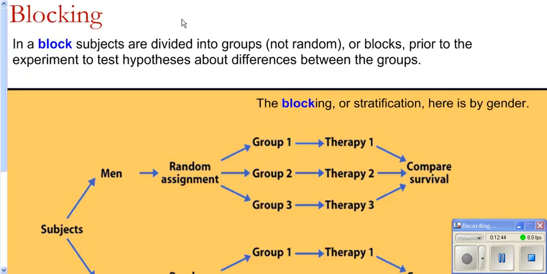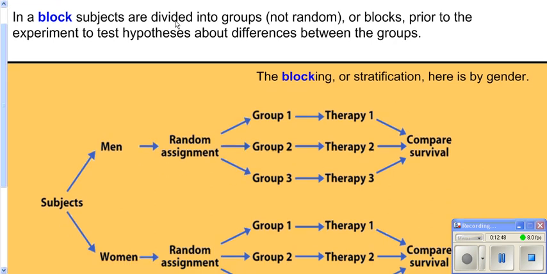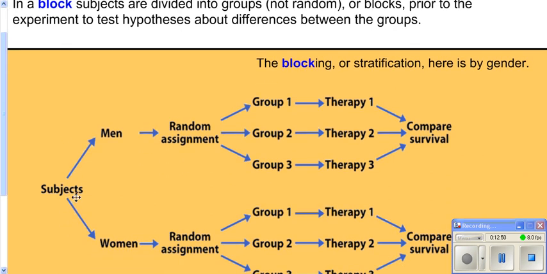We also have blocking. With blocking, you're not randomly assigning subjects to one group or another group. You're assigning subjects based on certain characteristics. So in other words, this kind of matches up with the stratified stuff from the prior chapter. You're breaking people into groups. So here we would break our subjects into groups by gender.